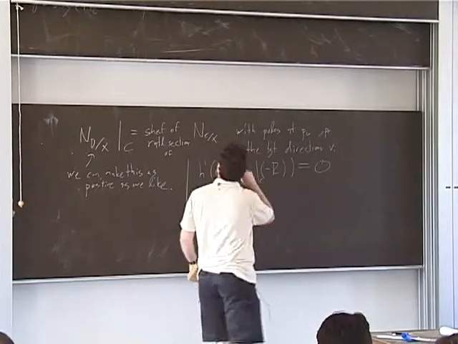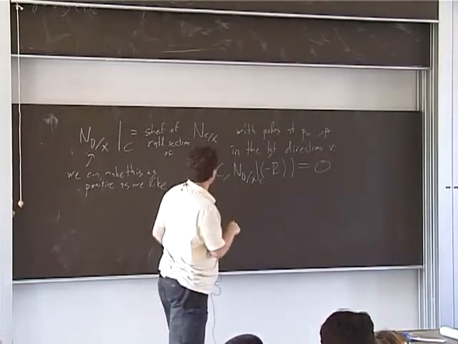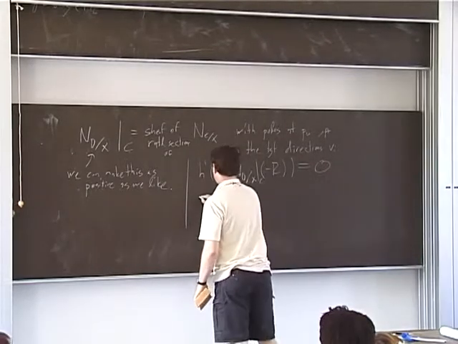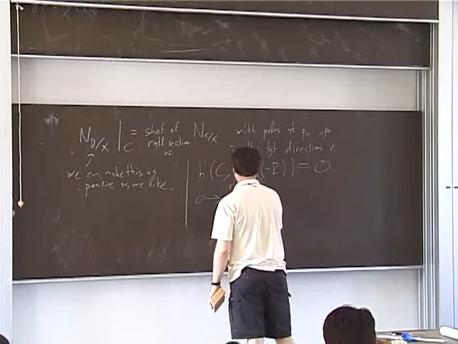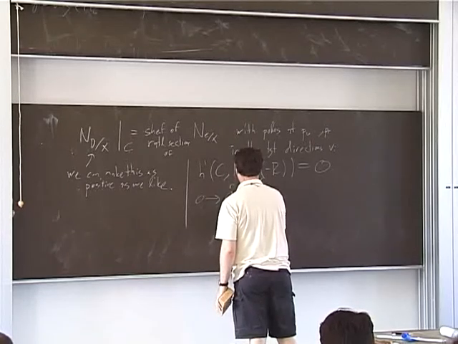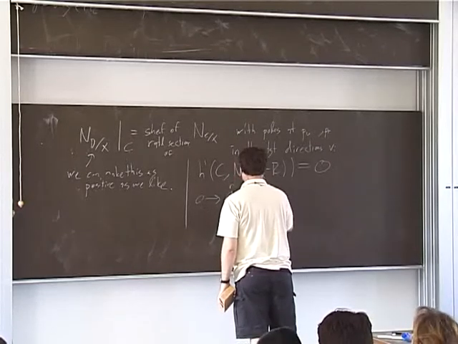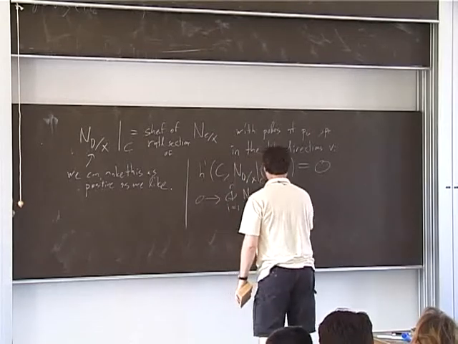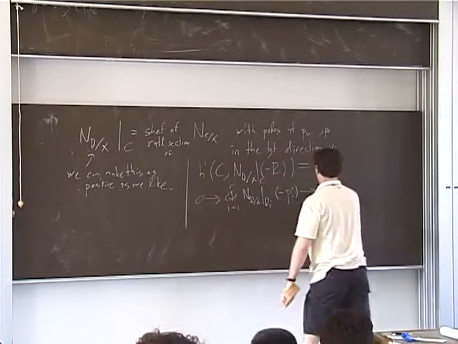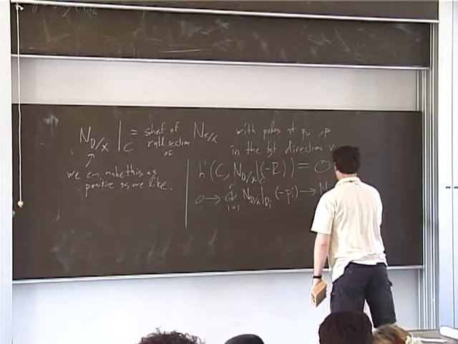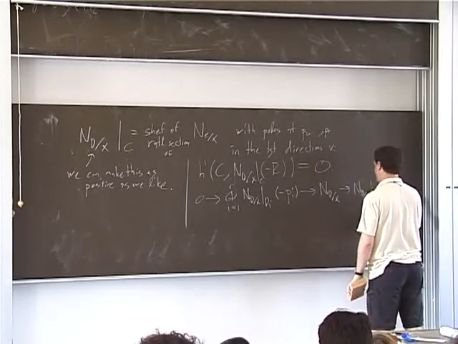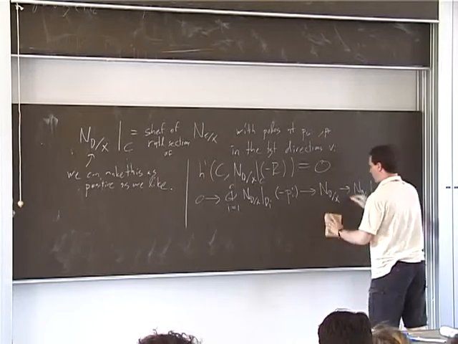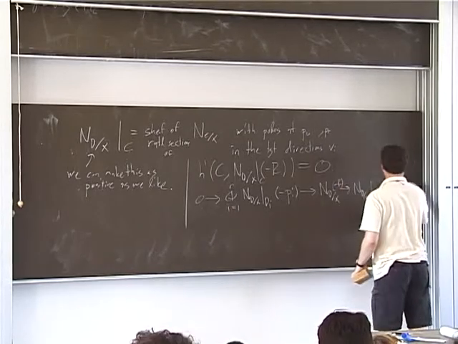Now, of course, that's not what we're looking for. We're looking for H1 of the normal bundle of D in X, but there's a short exact sequence. We have the direct sum over all of the Di's of the normal bundle of D in X restricted to Di, twisted down by the point Pi, to the normal bundle of D in X, and then this thing, the normal bundle of D in X restricted to C, twisted down by R. Oh, I'm sorry, this is twisted down by R as well, to 0.